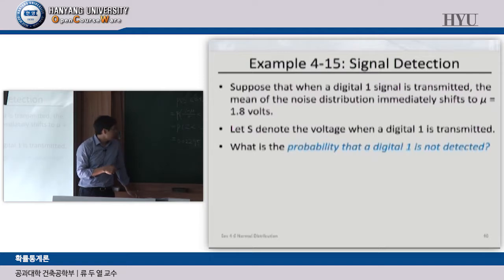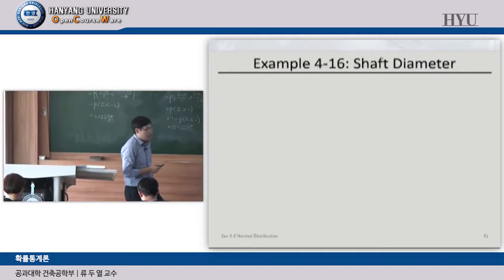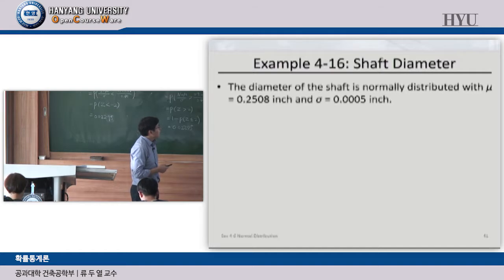So we can find this answer from this example. And this is the last example. The diameter of the shaft is normally distributed with the mean equal to 0.2508 inch, and the standard deviation sigma equal to 0.0005 inch.